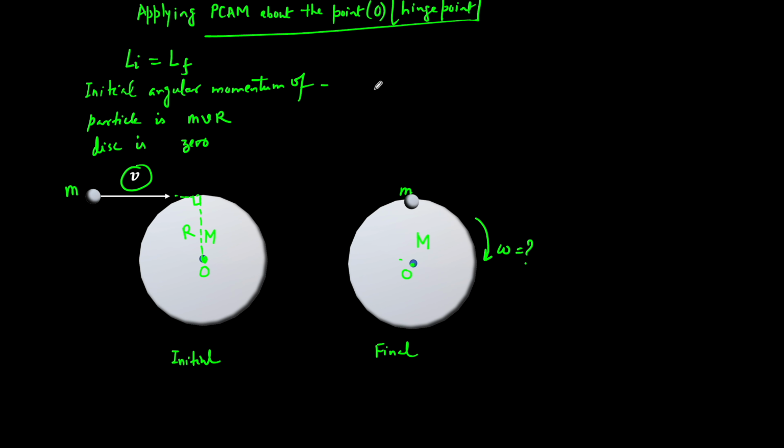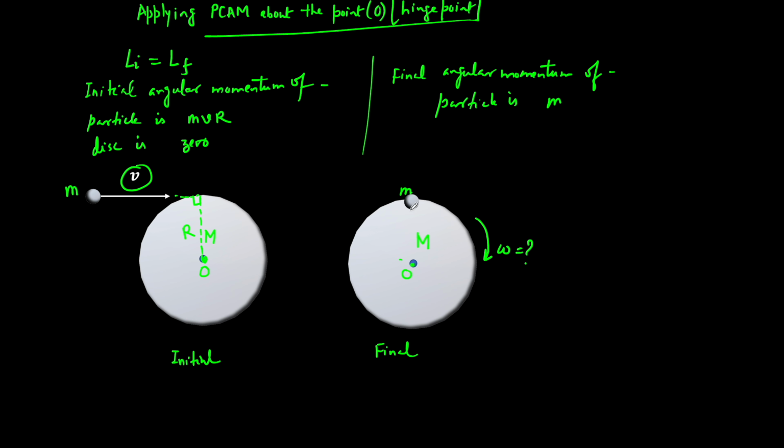What about the final angular momentum? Final angular momentum of the particle is, the particle is embedded in the disk and it is rotating with the angular velocity omega.